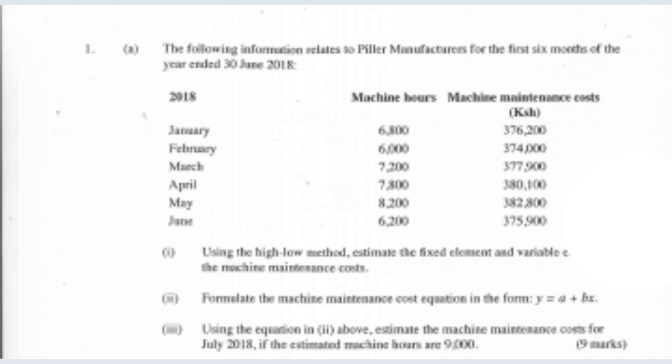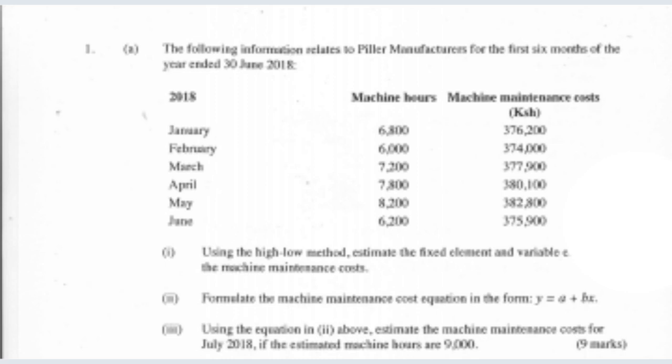Under regression, if you check your notes, we have a formula of getting the value of B and the value of A. The equation is just y is equal to a plus bx, but there are formulas that make it easier for you to get the value of B and the value of A. So just go back to your notes here.